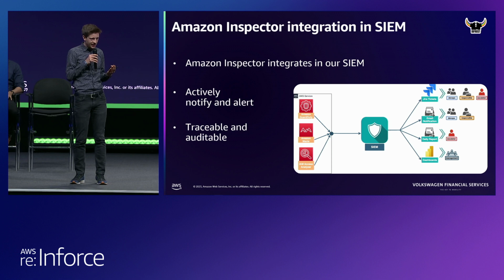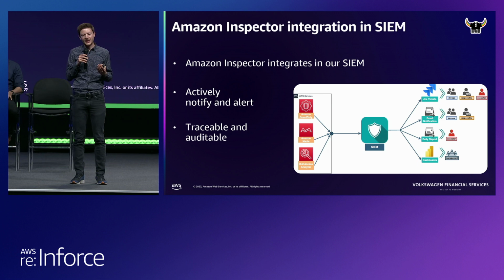What happened in the beginning, of course, when we enabled Inspector, is that we had a lot of security events because you get full transparency into your environments and resources. So you need to find a way to triage that, for example with the CVSS score, to make decisions about which vulnerabilities you need to focus on first.